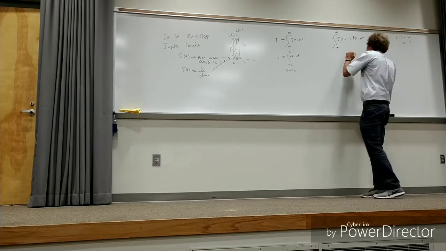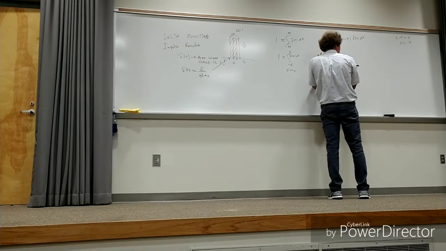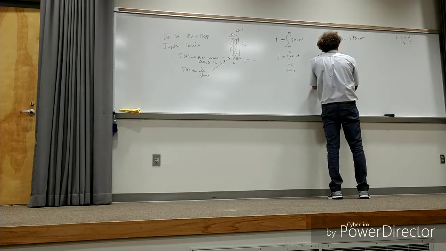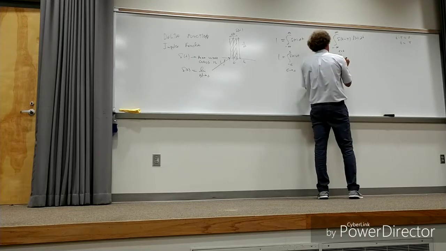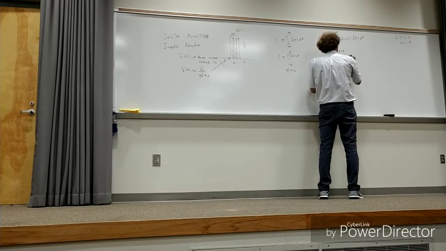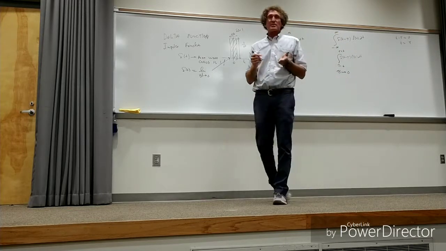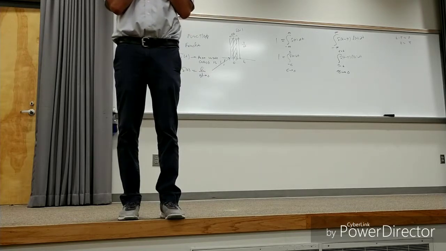If that's the case, I'm going to say that really what this looks like is the integral from tau minus epsilon to tau plus epsilon, where epsilon is approaching 0, of the function delta of t minus tau times f of t dt. Do you all agree this is basically the same thing? Because now I'm just focused on that small portion of the actual integration where the delta function will be on.